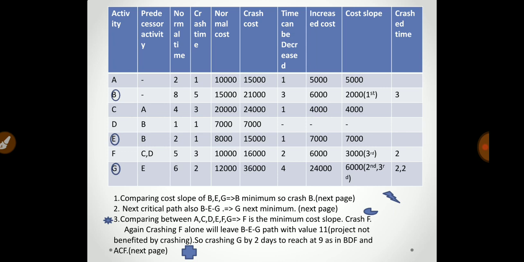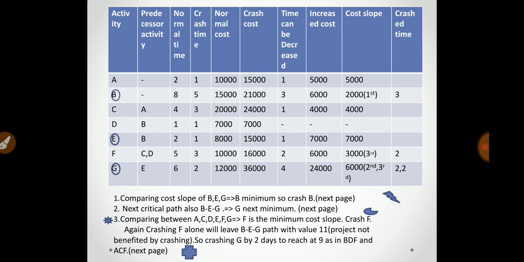Now activity E, normal time is 2, crash time is 1, normal cost 8,000 and crash cost is 15,000. Time can be decreased by 1, increased cost 7,000, so cost slope is 7,000.